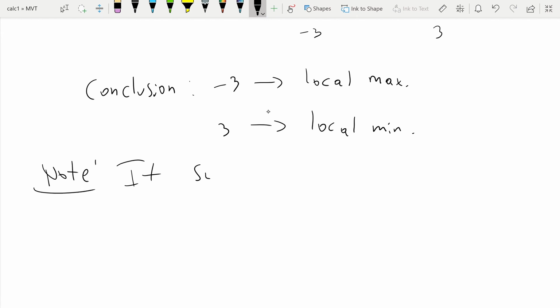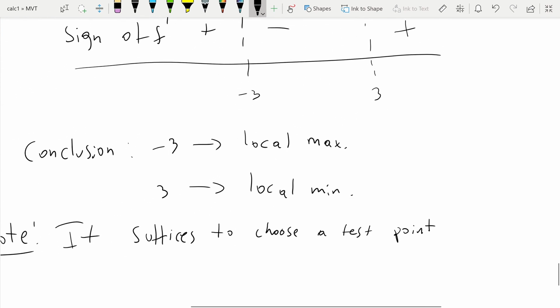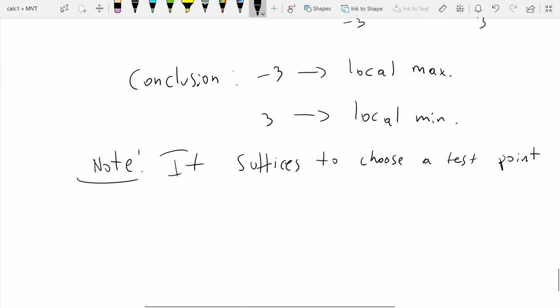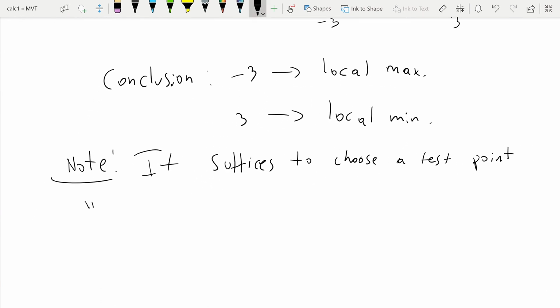When completing this table, it suffices to choose a test point inside each interval.